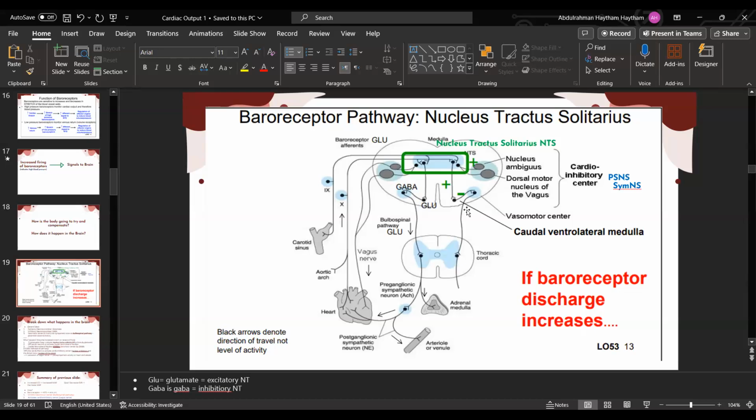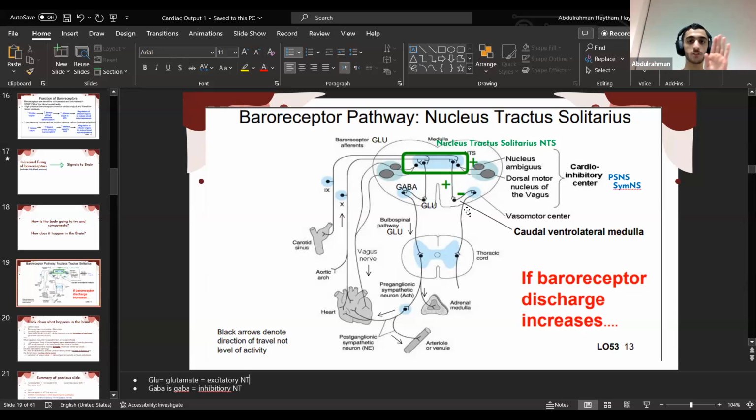Technically, yes, but wait, let me just break it down because they're two different things. The nucleus tractus solitarius sends a neuron. This neuron speaks to the caudal ventral medulla. So we have a nucleus tractus solitarius, and we have a caudal ventral medulla. They speak to each other through glutamate. So if the nucleus tractus solitarius wants to activate the caudal ventral medulla, it activates it through glutamate.